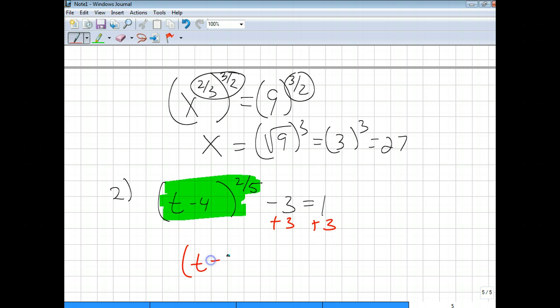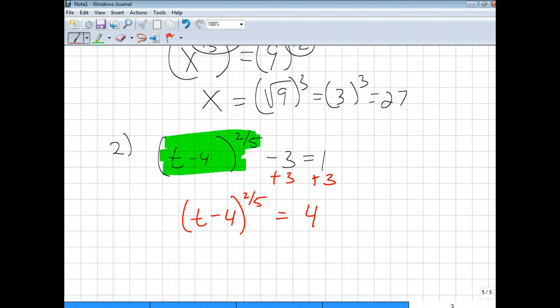So we have t minus 4 to the 2/5 equals 4. Now that we have that isolated, we want to get rid of this exponent. So we want to make that exponent into a 1. So we multiply both sides of the equation by the reciprocal. So that's 5 over 2. This is 5 over 2. So these multiplied together just give me 1.